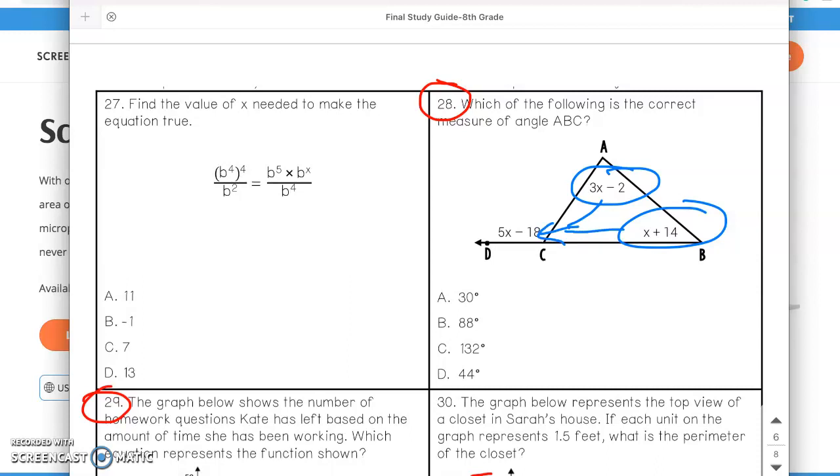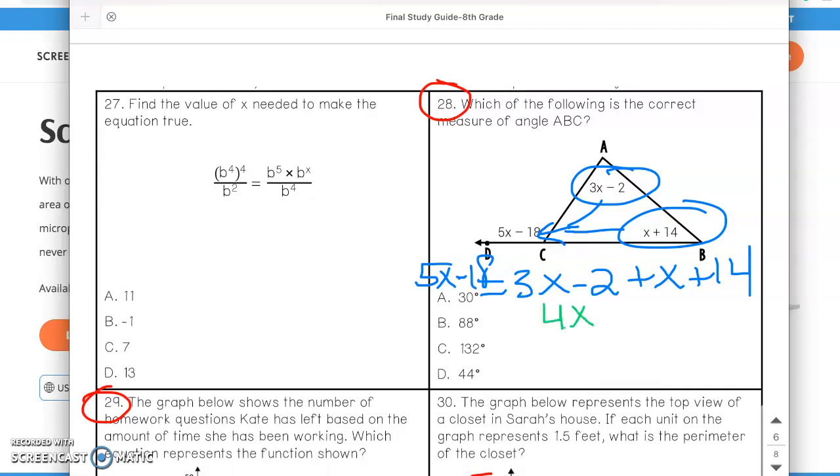Not too bad. So we're going to do 3x minus 2 plus x plus 14, and it's all going to equal 5x minus 18. What I'm going to do first is combine like terms on this side of the equation. So 3x plus x, I get 4x.